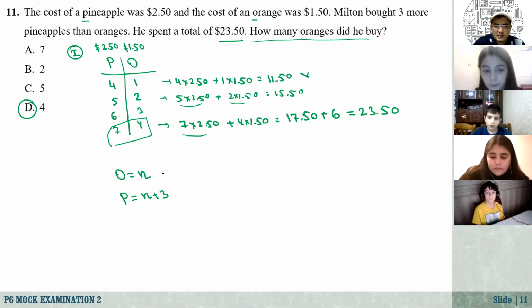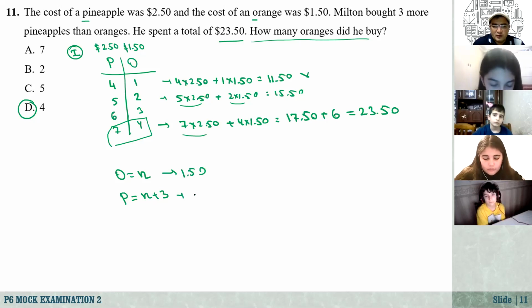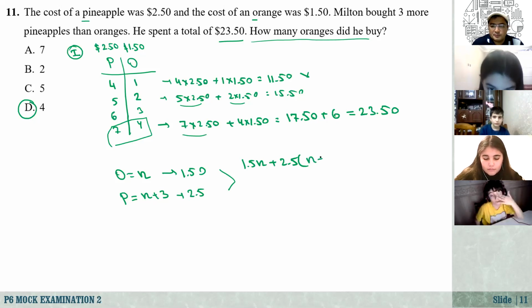What is the unit price of orange? It is 1.50. And the unit price of pineapple is 2.50. So what is the total cost? 1.5n plus 2.5 times (n plus 3) pineapples. And the total is 23.50.